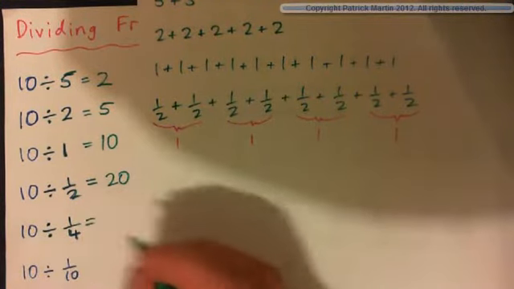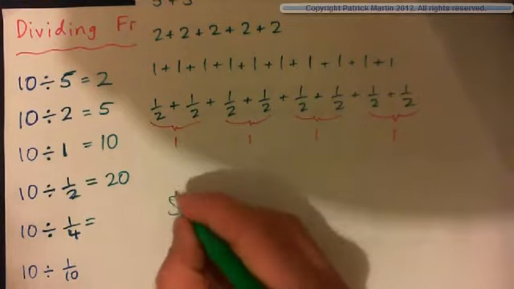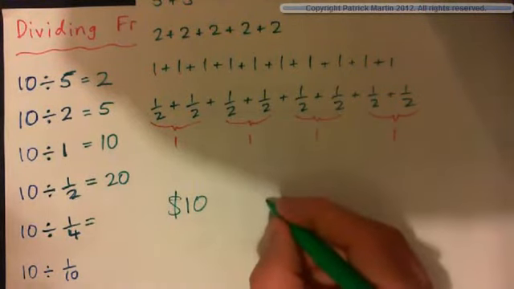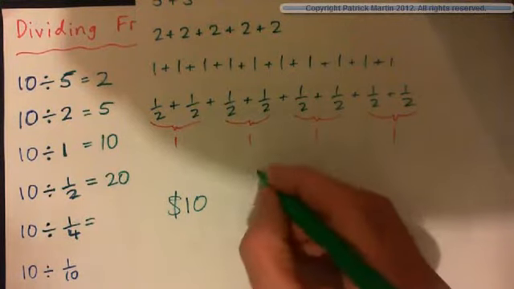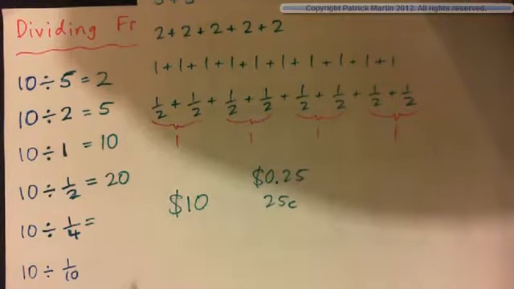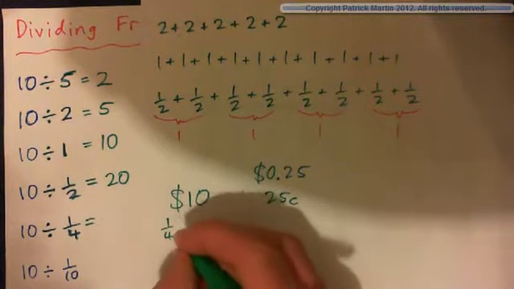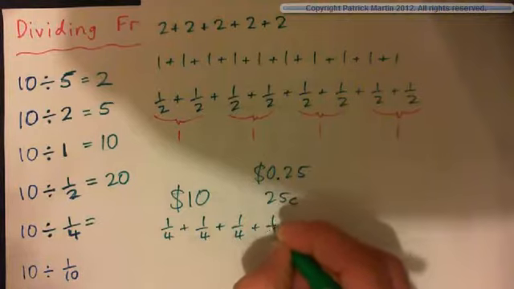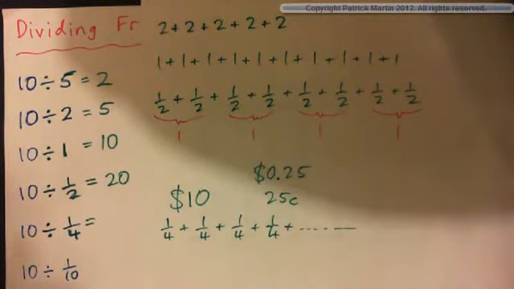How many quarters would you get if you changed $10 into quarters, 25-cent pieces? In other words, how many quarters would add up to give $10?